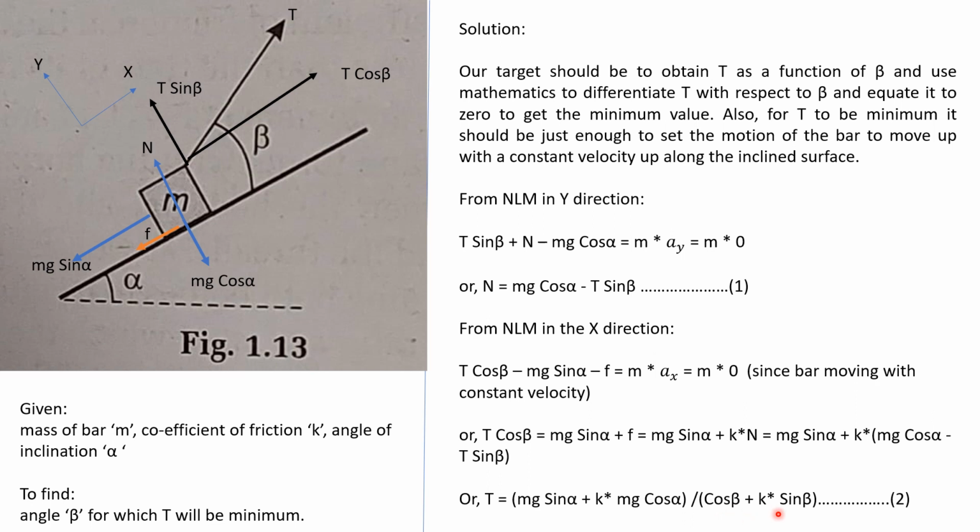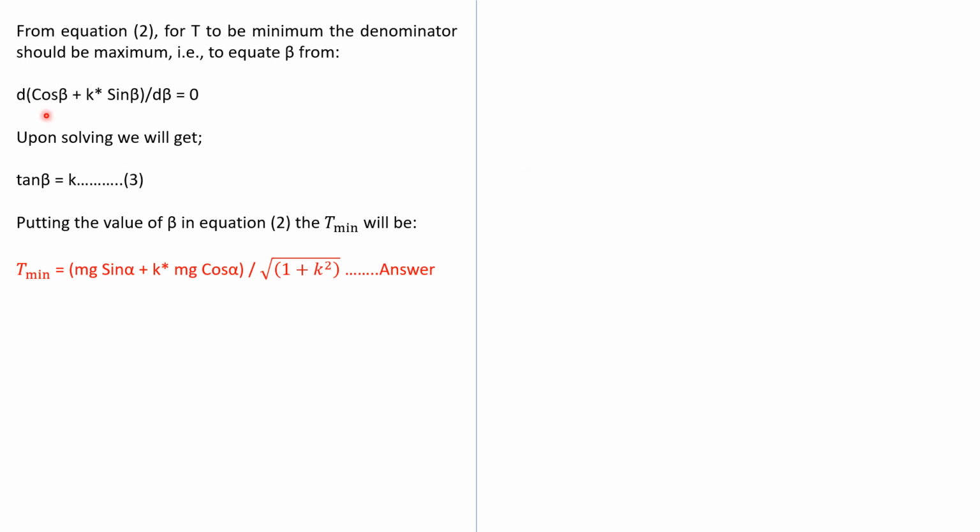If the denominator of this equation is maximum, T will be minimum, because the rest of the things, mg, alpha and k, are constant. So only beta we can play with, right? And since it is in the denominator, we should work for it to be maximum so that T is minimum. So we will differentiate the denominator with respect to beta and equate it to 0.